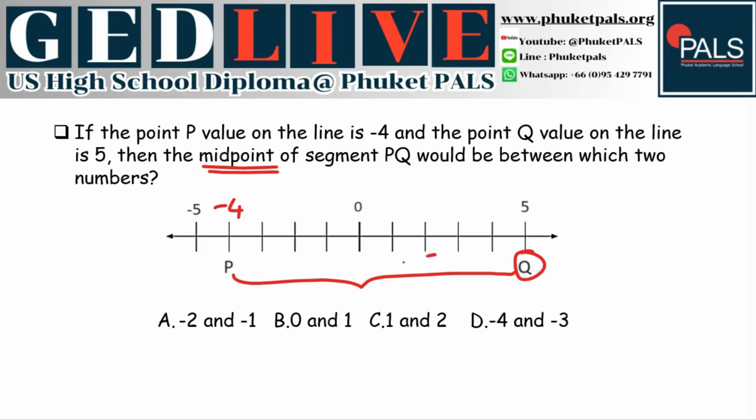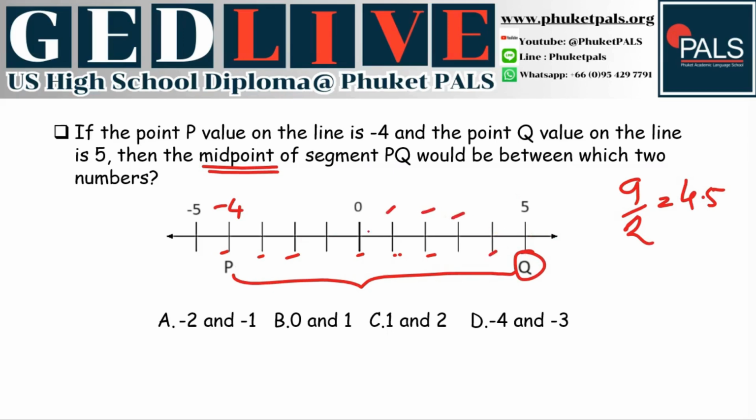1, 2, 3, 4, 5, 6, 7, 8, 9. So it is 9 divisions. So if you want to find out the midpoint of this one, that is 9 divided by 2, and that is 4.5. So you have to see where the 4.5 is coming. Again you have to count 4.5 from the Q. 1, 2, 3, 4.